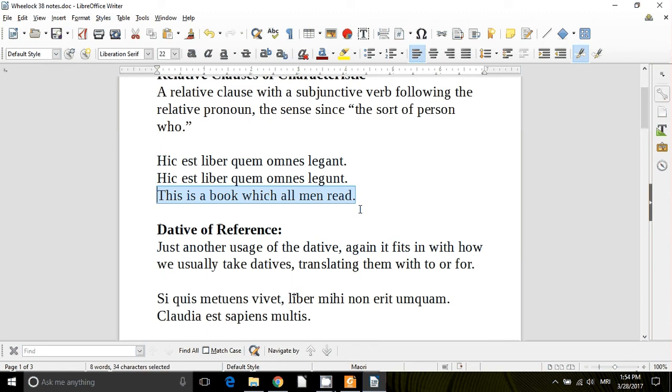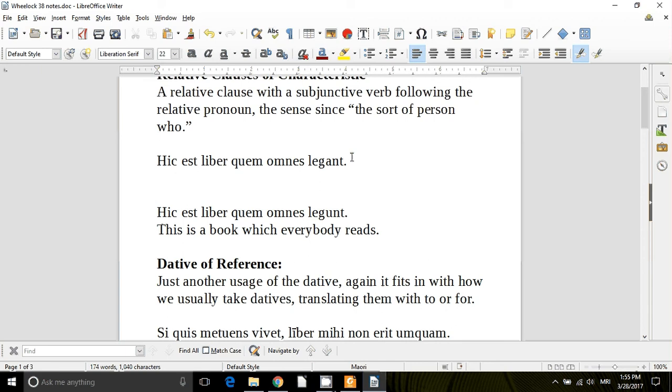And that means that it's a fact, and so it might be the Bible, right? So this is a book which everybody reads. That's what we would say in English. We'd say everybody. Which everybody reads. If it's in the subjunctive, it's a relative clause of characteristic. The subjunctive is describing a characteristic of the relative pronoun.